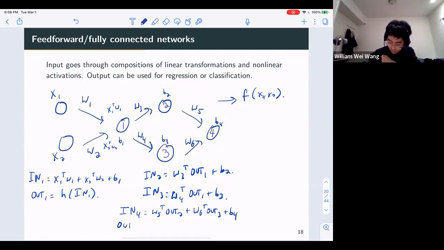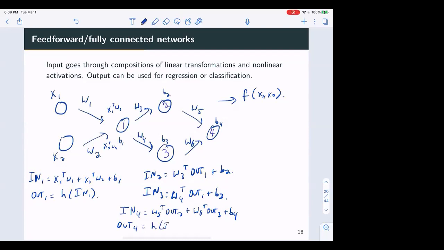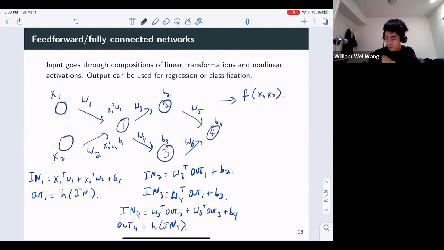And then your final output is equal to h of input 4. If I define it this way, then this neural network is a function which takes x1 and x2, and gives you, in this language, output 4.